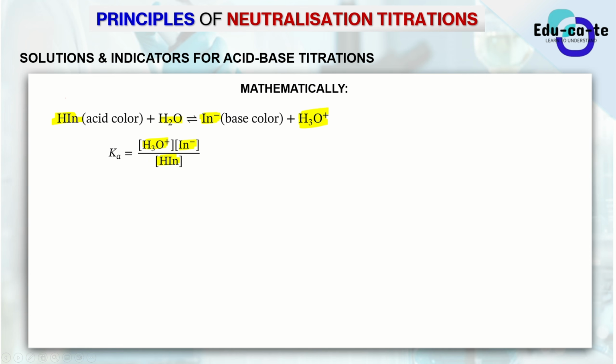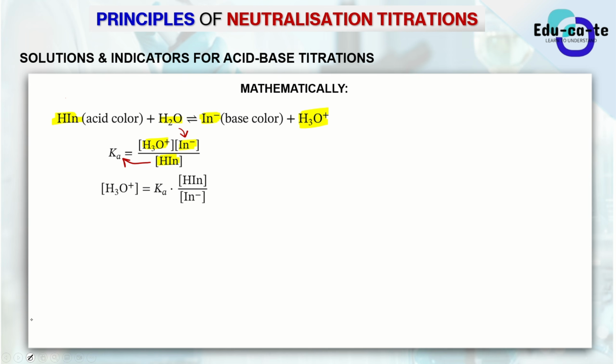From this Ka expression, we can make the hydronium ion concentration the subject of the formula by just rearranging. You just cross multiply to the other side, and then you divide by In⁻.